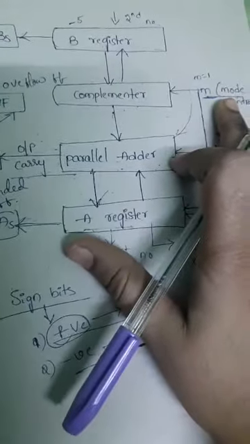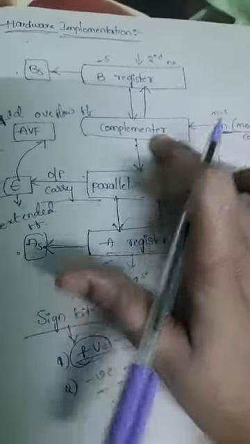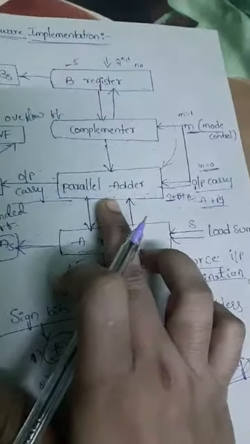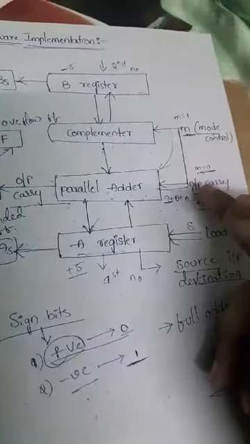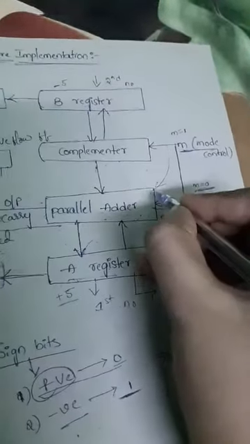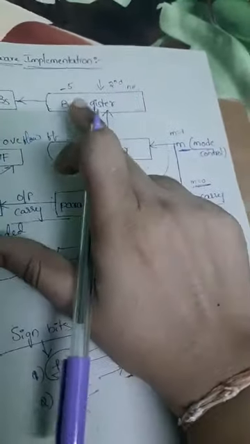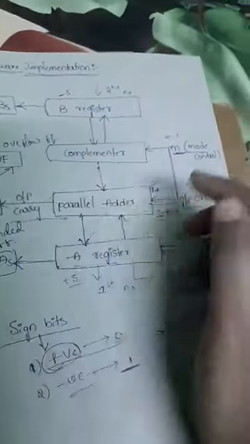Then the complementer transfers the complement of the content of the B register into the parallel adder. Before that, M equal to 1 is given as the input carry, so 1 is present in the input carry of the parallel adder. After that the complementer will transfer the B content into the parallel adder.